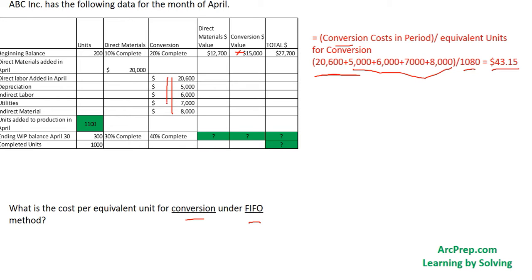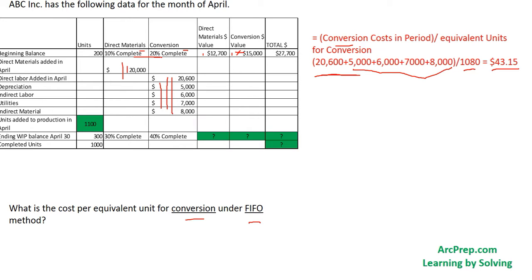So, key takeaways between FIFO and weighted average. Under FIFO we are taking current cost only, and for the denominator we are subtracting the percent completion of the beginning balance. Under weighted average we are adding these together, but we are not subtracting the percent completion of the beginning inventory.